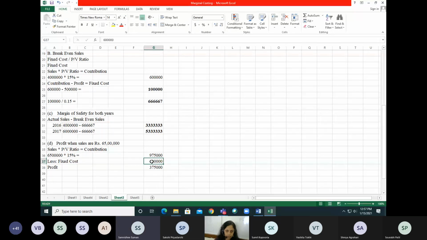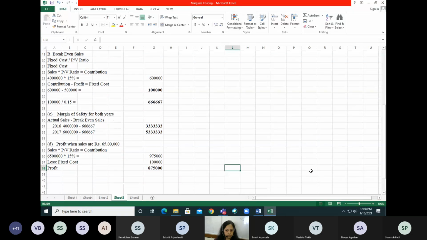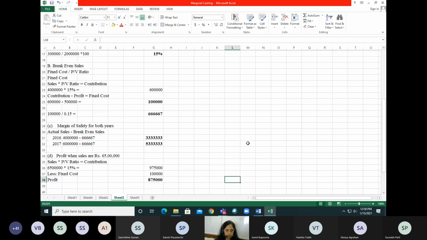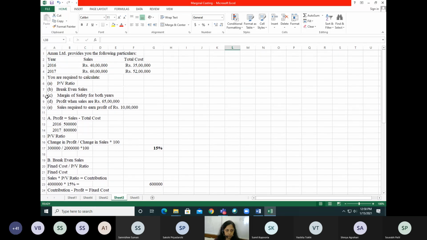And 6 lakh was the contribution. Yes, 1 lakh. So profit will be 9,75,000 minus 1 lakh, which is 8,75,000. Completed? Profit when sales are 65 lakh.